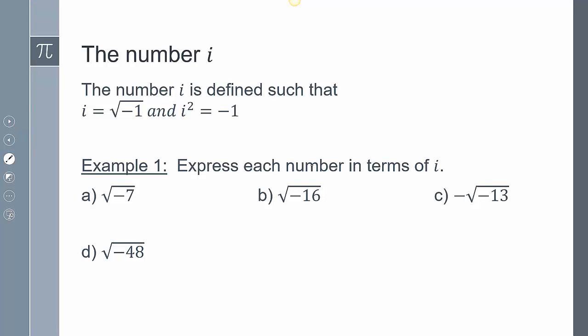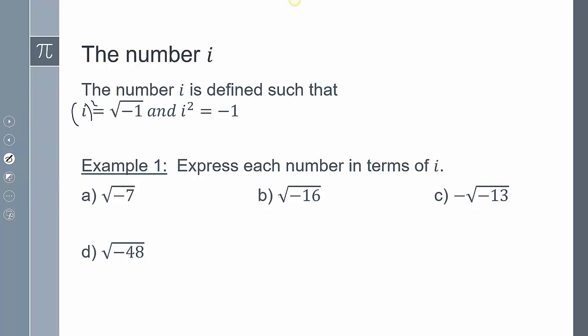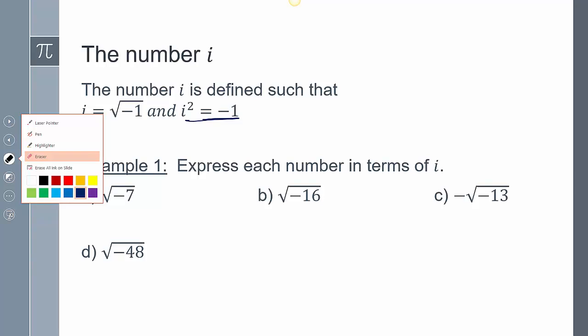And so what we do instead is, instead of the square root of -1, we're going to let that be i. And if I square this, the square root and the square cancel out, so i squared is going to be -1. The reason why we use this notation is it's easier.